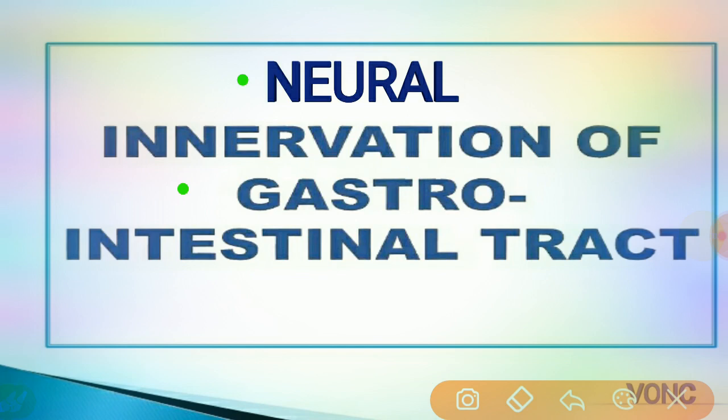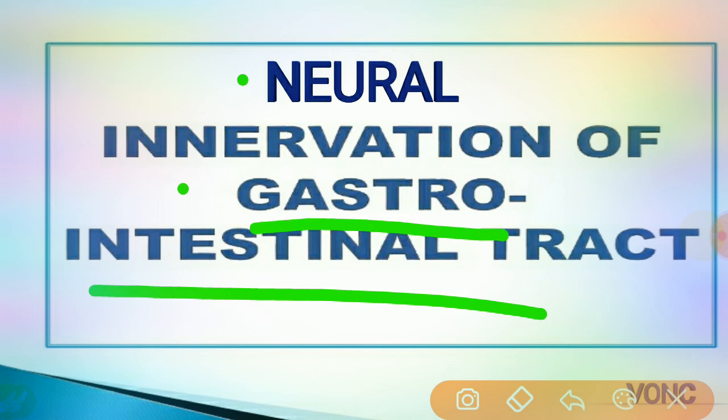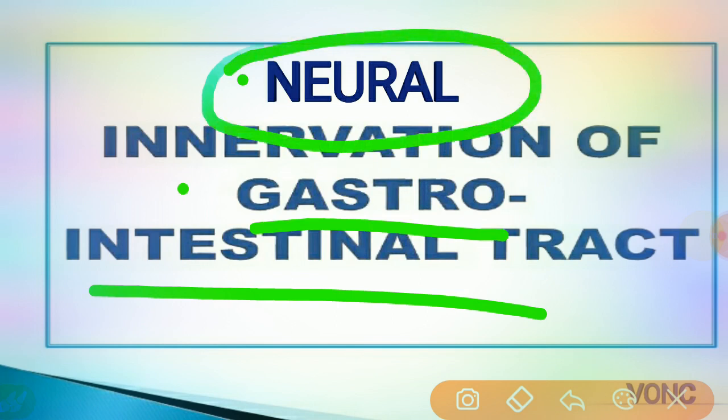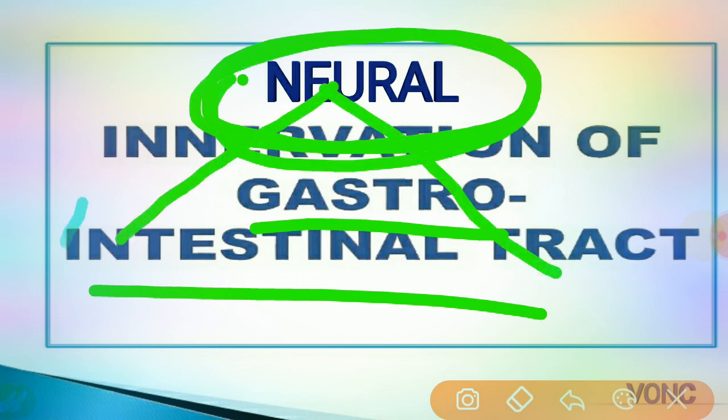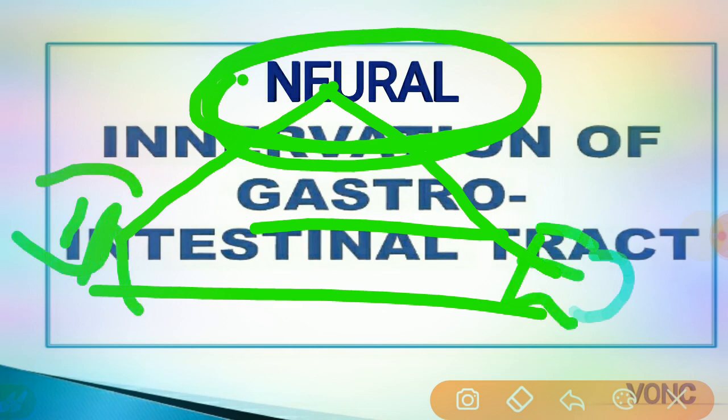The gastrointestinal tract is mainly regulated by two types of groups of neurons: the first is the intrinsic set of neurons and the second is the extrinsic set of neurons.